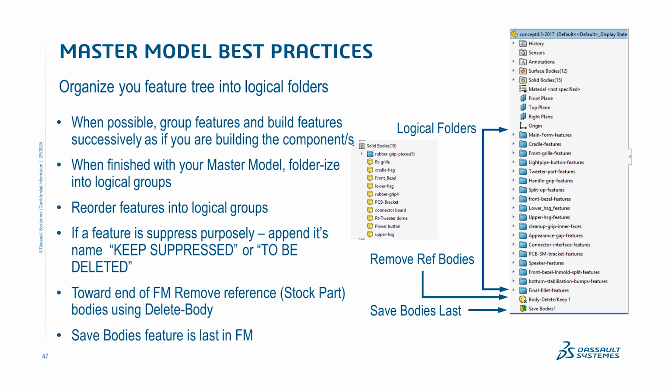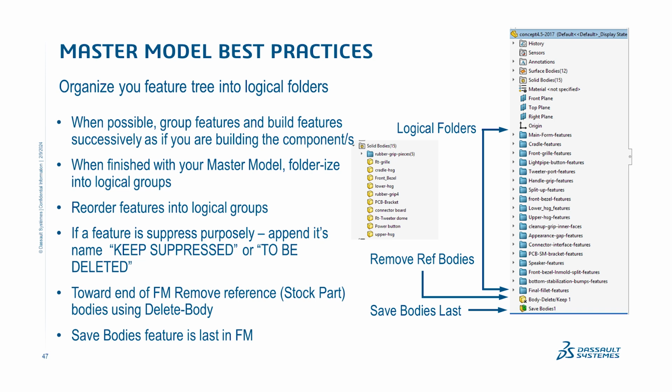And then you can see there at the very end, I do a remove ref bodies. So these are stock parts that I've used to design my master model. But towards the end, I don't want them to be included in the save bodies. And the way save bodies works actually is if you have any parts that are hidden or suppressed, and you initiate a save bodies, they're not included.